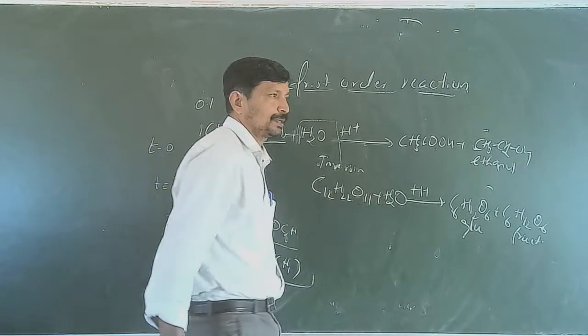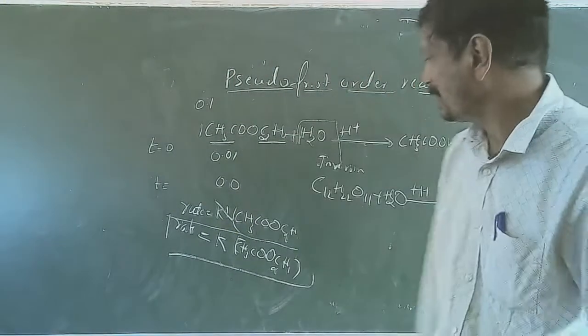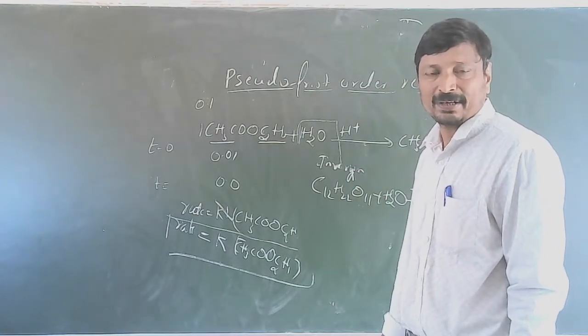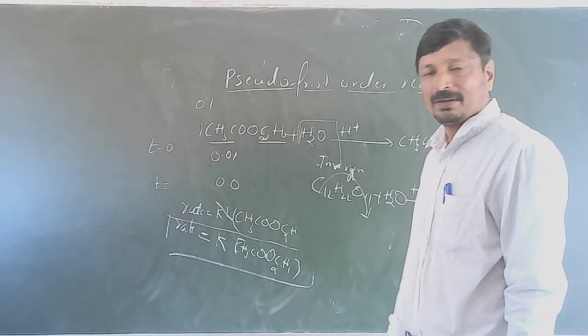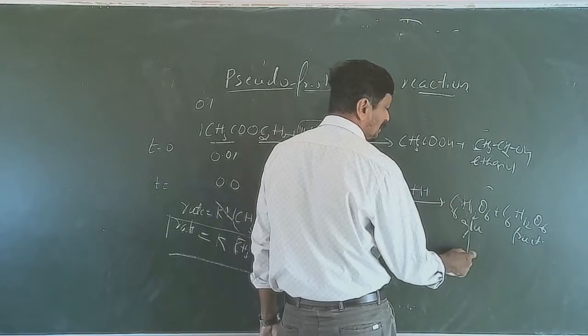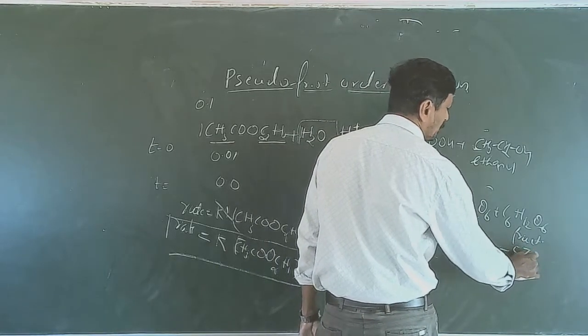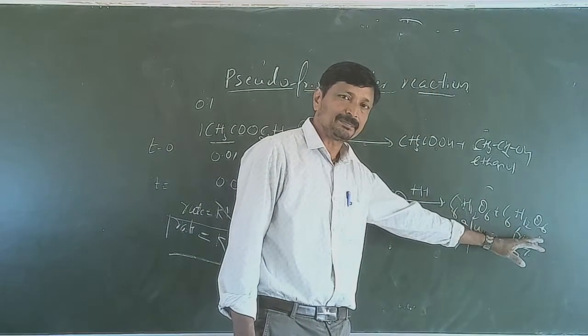Why is it called inversion of cane sugar? Because this is dextrose, small d. It rotates plane polarized light to the right. It gives dextroglucose, whose rotation is about plus 19, and fructose, which is minus 57. But the net rotation becomes negative.